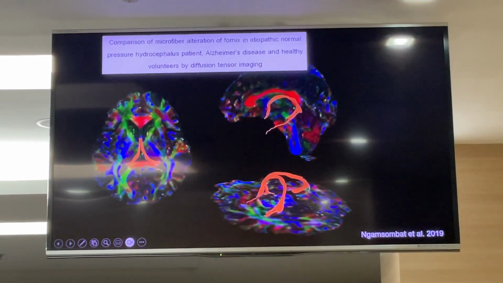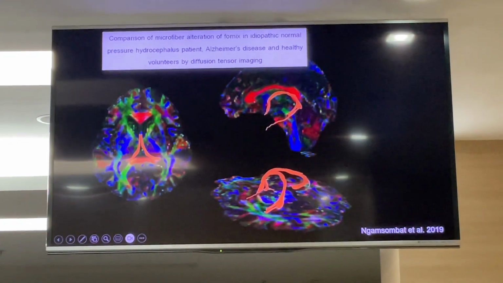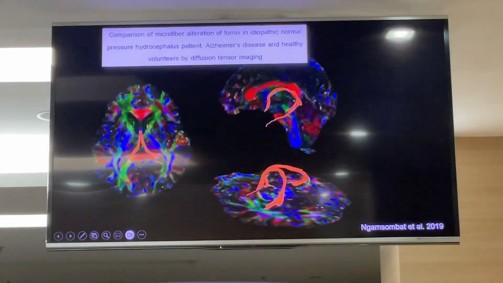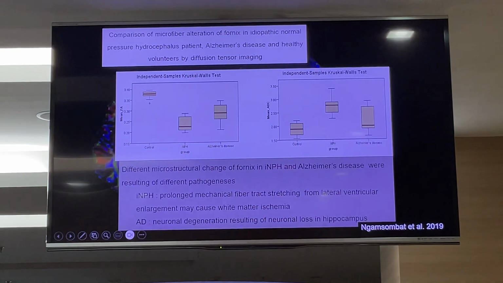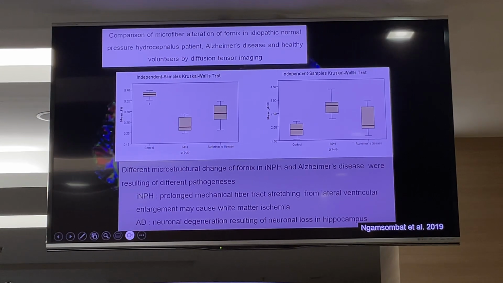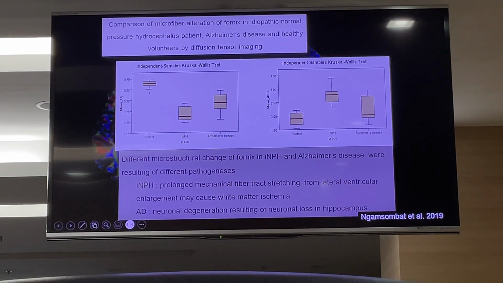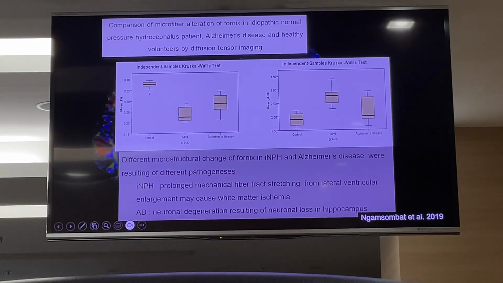The hydrocephalus patient just has a dilated ventricle, so clinically it is sometimes difficult to differentiate between Alzheimer's and hydrocephalus. We showed different damage of the fornix, because hydrocephalus has a direct pressure effect over the fiber, while the AD patient has neurodegeneration resulting in neural loss in the hippocampus and axonal degeneration along the fornix. So it's an entirely different mechanism of tensor abnormality, right?